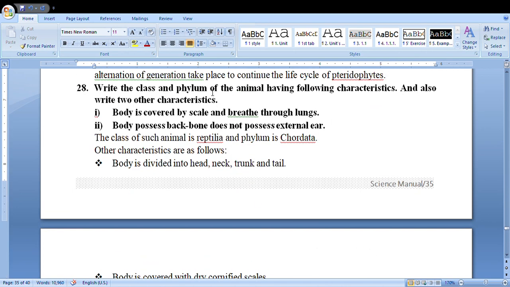Write the class and phylum of the animal having the following characteristics, and also write two other characteristics. Body is covered with scales, breathes through lungs, body possesses a backbone and does not possess external ear. The class of such an animal is Reptilia and phylum is Chordata.